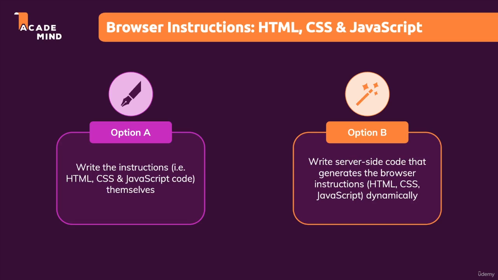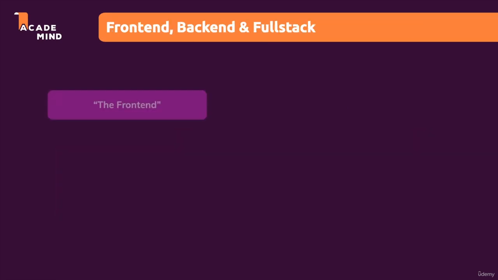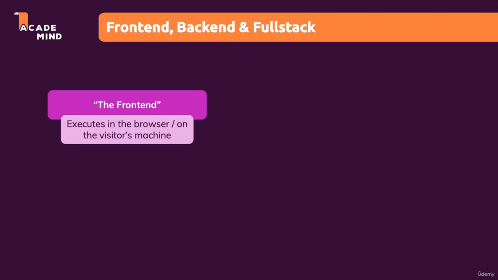For the moment, it is just important to recognize that we have these two options and that we basically have these two ends when we talk about web development. We have the so-called front-end, which is basically the code that executes directly in the browser of your visitors and therefore in the end on the machines, the computers of your visitors.